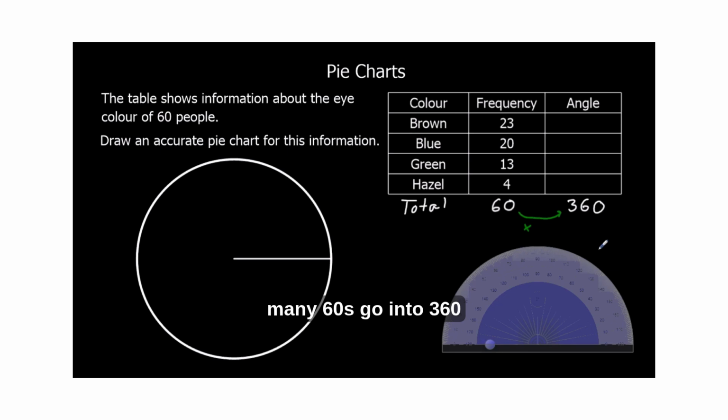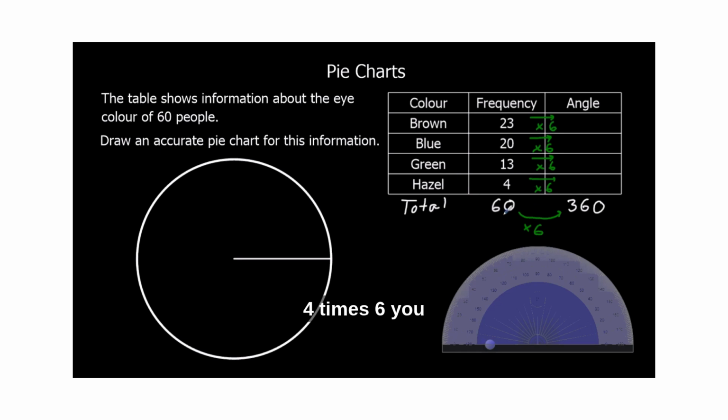How many 60s go into 360? So we could do 360 divide 60, and that should give us an answer of 6. So our multiplier this time is 6. So we're going to times each of the frequencies by 6 to find out how many degrees they're represented by.